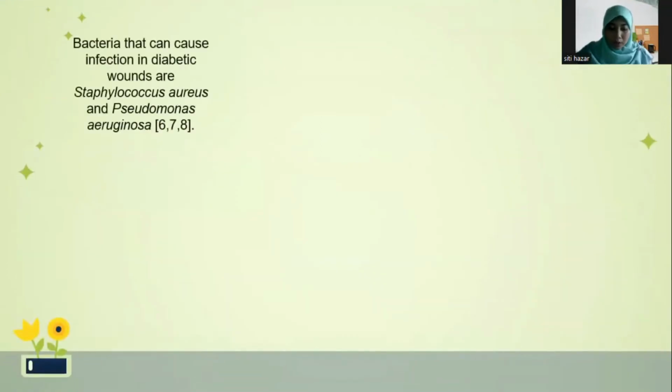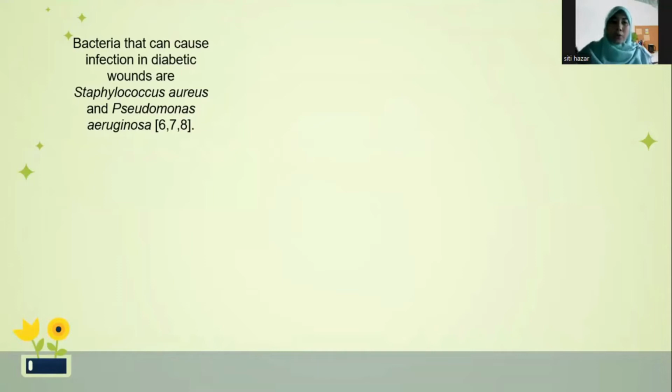A diabetic foot ulcer is an open sore or wound that occurs in approximately 15% of patients with diabetes and is commonly located in the bottom of the foot.